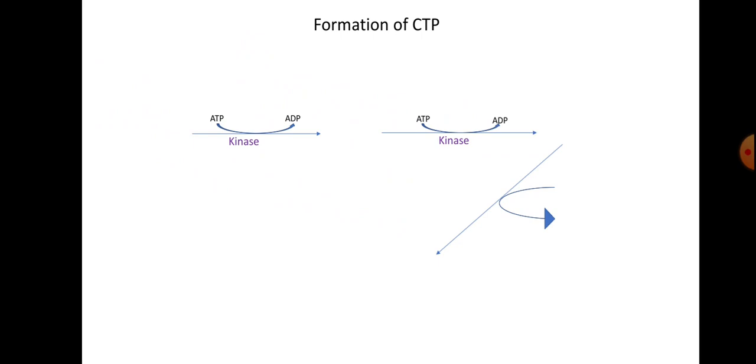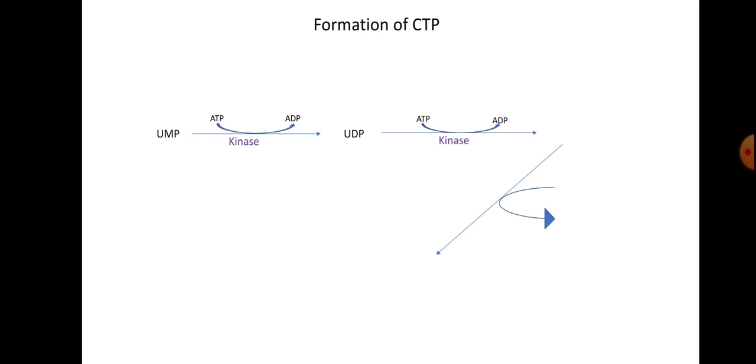Uridine monophosphate will be continuously phosphorylated twice to give UDP and UTP successively. UMP is first acted on by the enzyme kinase, which adds a phosphate group to the reactant to form the product UDP, which is uridine diphosphate. The phosphate is given by the ATP, which leaves as ADP.